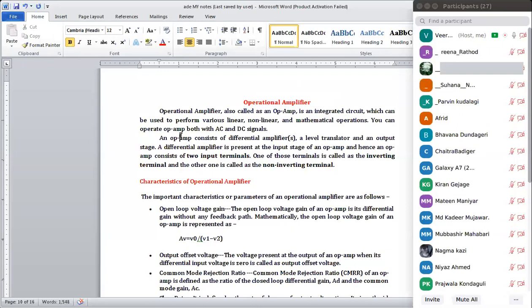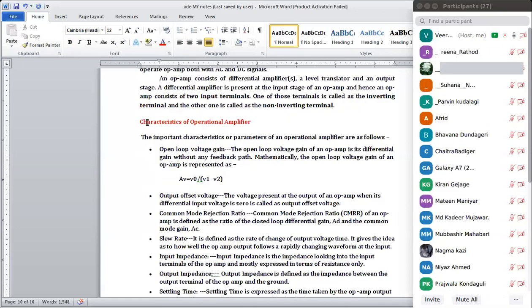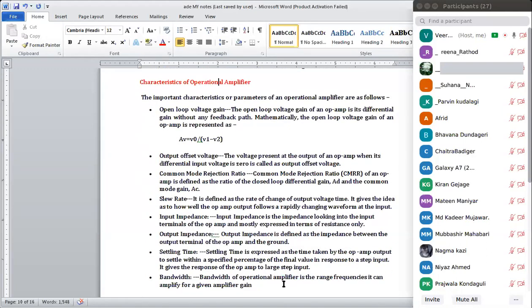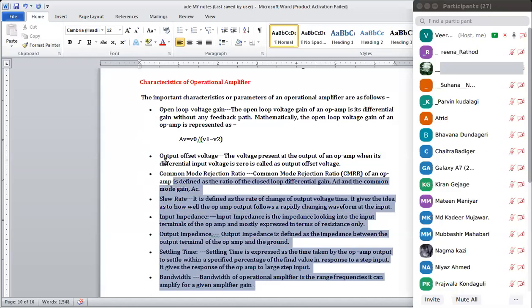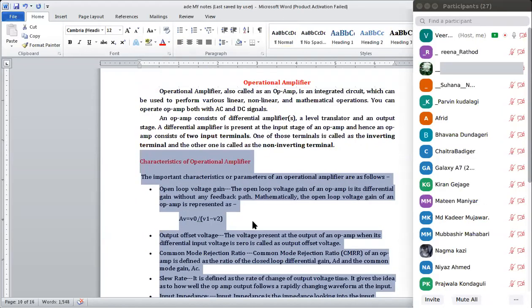Here you have even gone across the characteristics of op-amp in the basic electronics subject in first year. So instead of going in depth, we will just look at what the terms are, and we will move on to the next topics.